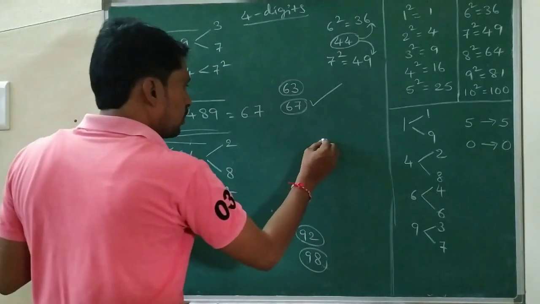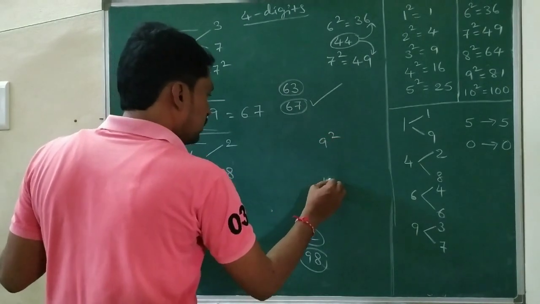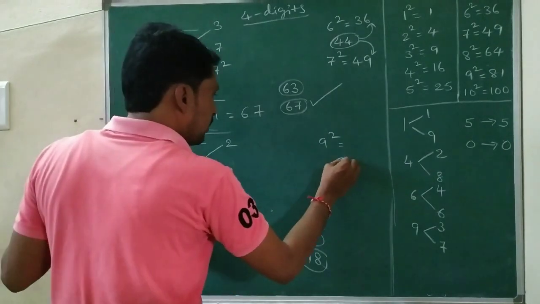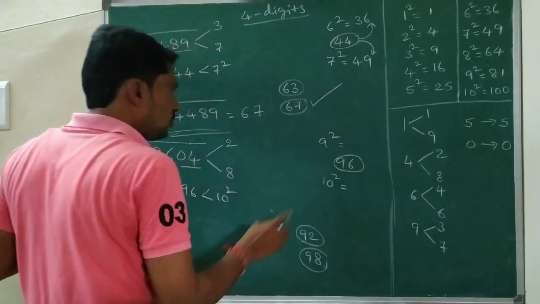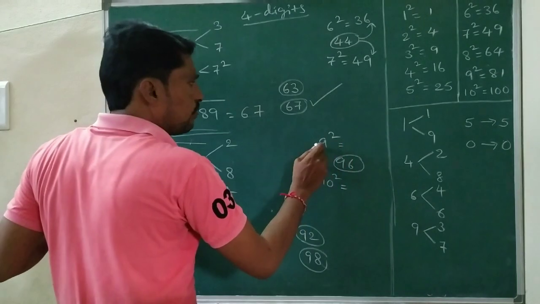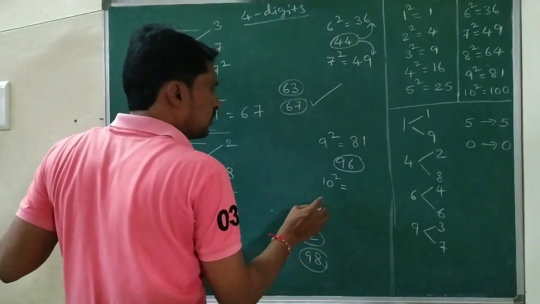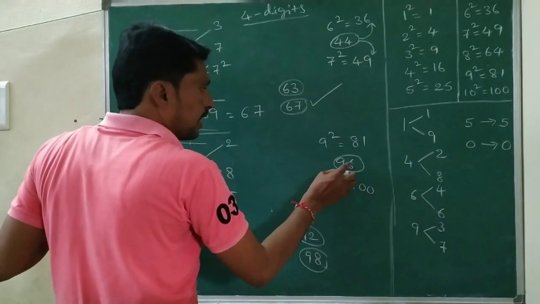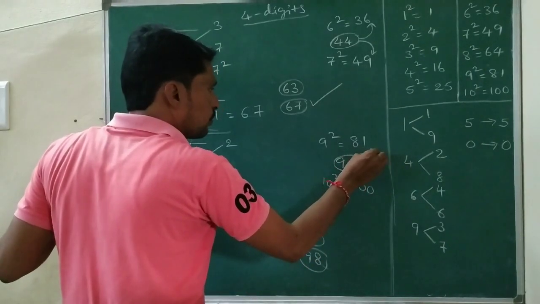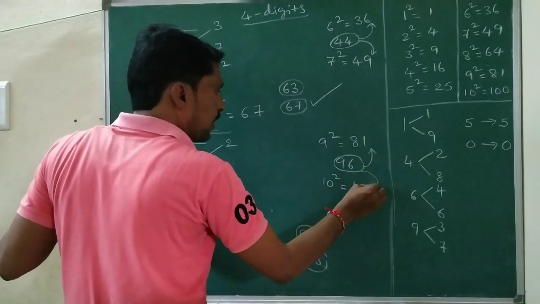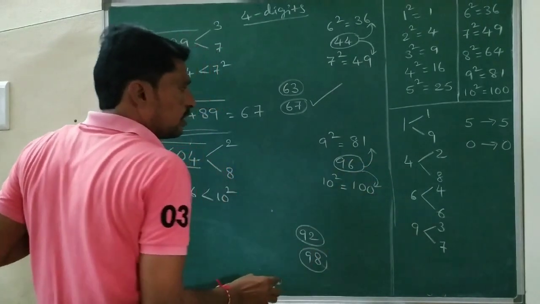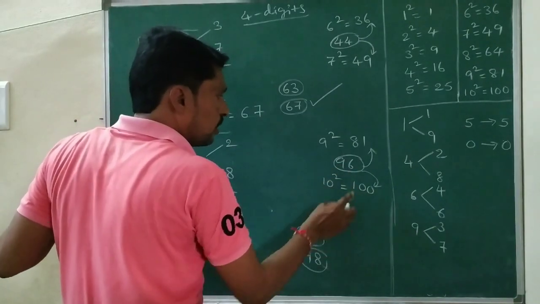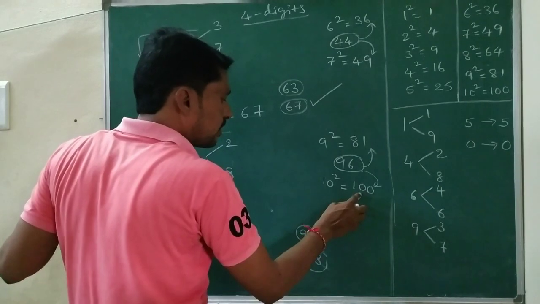Now take 9 square and 10 square, with the middle number 96 as it is. What is the value of 9 square? That is 81. 10 square means 100. Is 96 nearer to 81 or to 100? 96 is very close to 100, so it is the greater number.